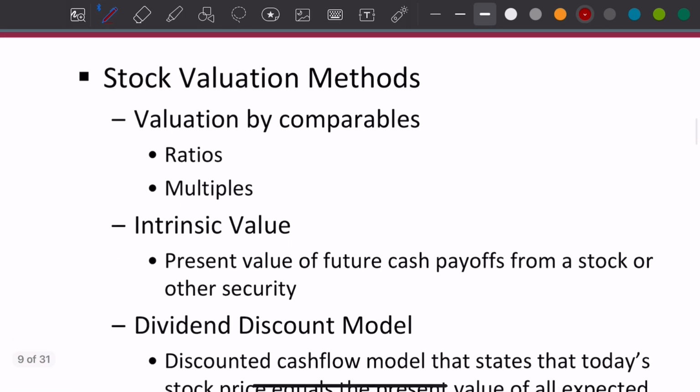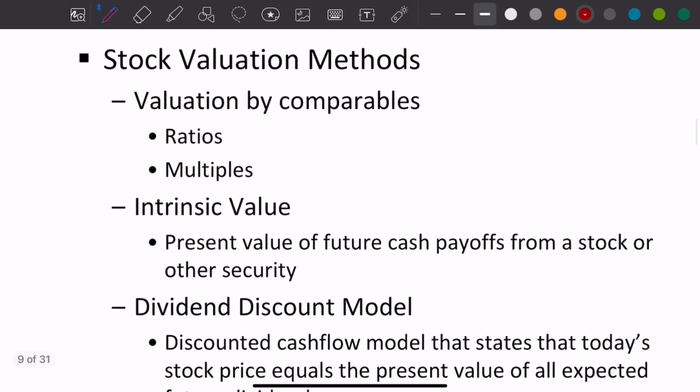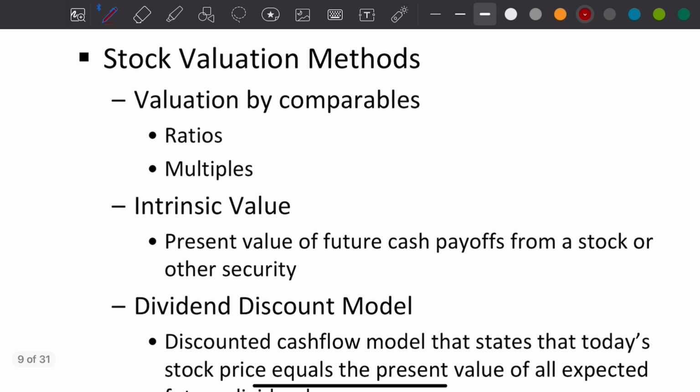Now let's move on to the important part of this chapter, the main topic, stock valuation methods. Now, stock valuation methods are many, but the ones that we are focusing on, for the scope of this course, are 3 main methods.